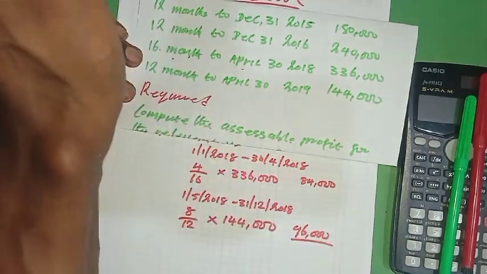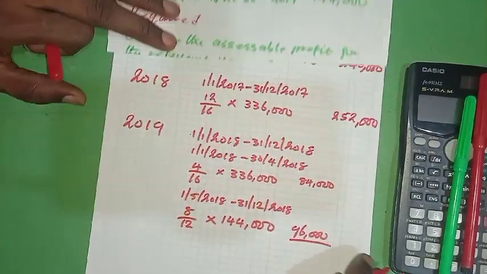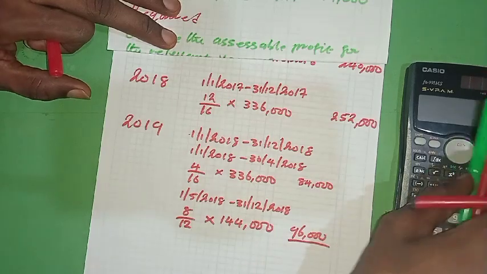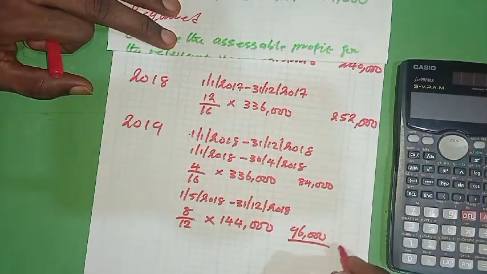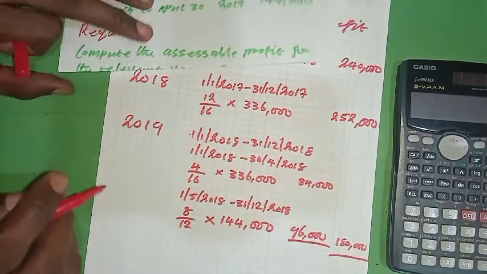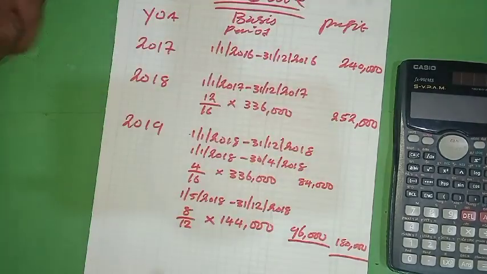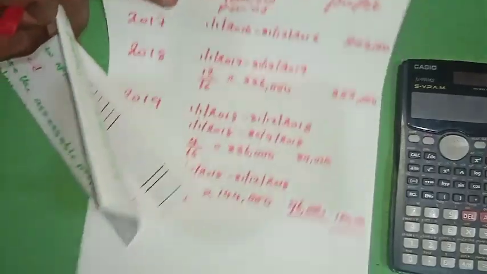When you sum it, please confirm this figure. Use your calculator. It will give you 180,000. So we are done with the old rule, with the old date.